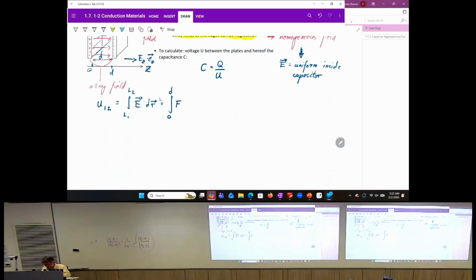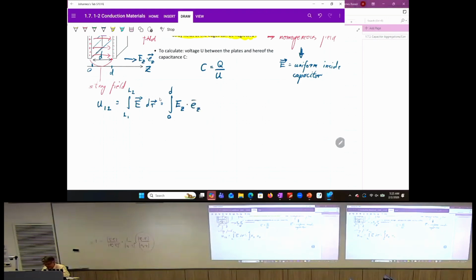We also assume that it only has a z field component, and this assumption is valid because we have a very narrow separation compared to the area of the plates, and the field lines are perpendicular out of the conductor. So this field basically has to be z oriented.